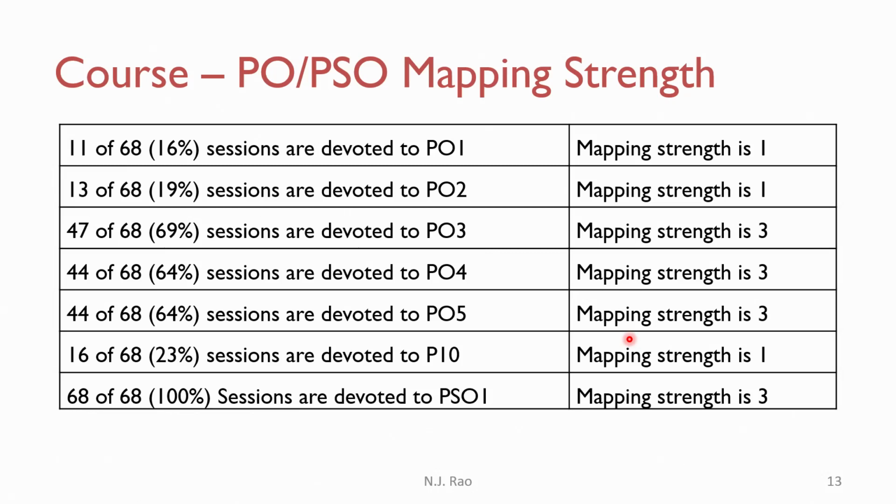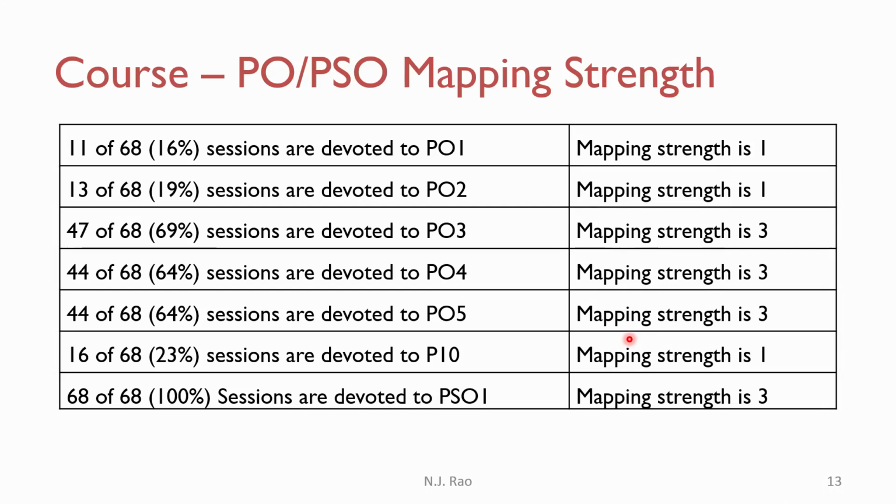Okay, it is less than 25% but more than 5%, so it becomes 1. Whereas with respect to PO2, 13 out of 68, that is 19%, so the mapping strength is also 1 for PO2. For PO3, 47 out of 68, that is 69%, so mapping strength is 3.